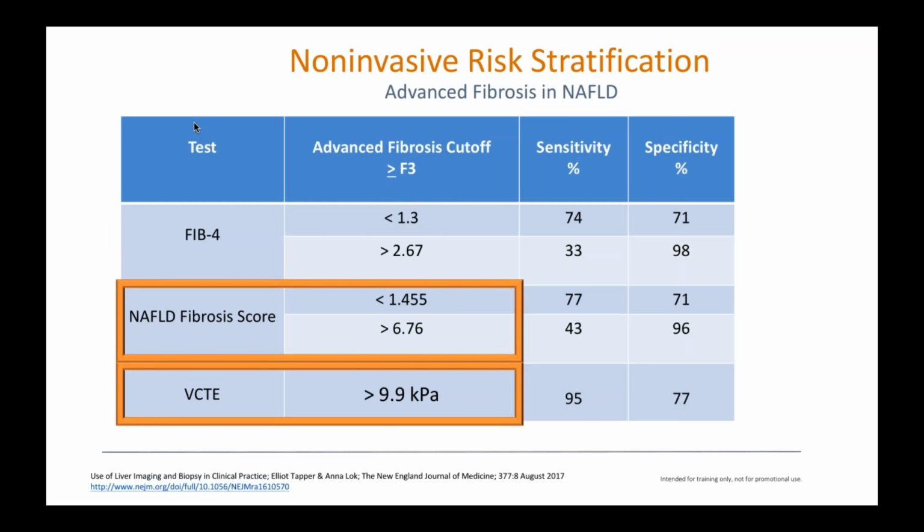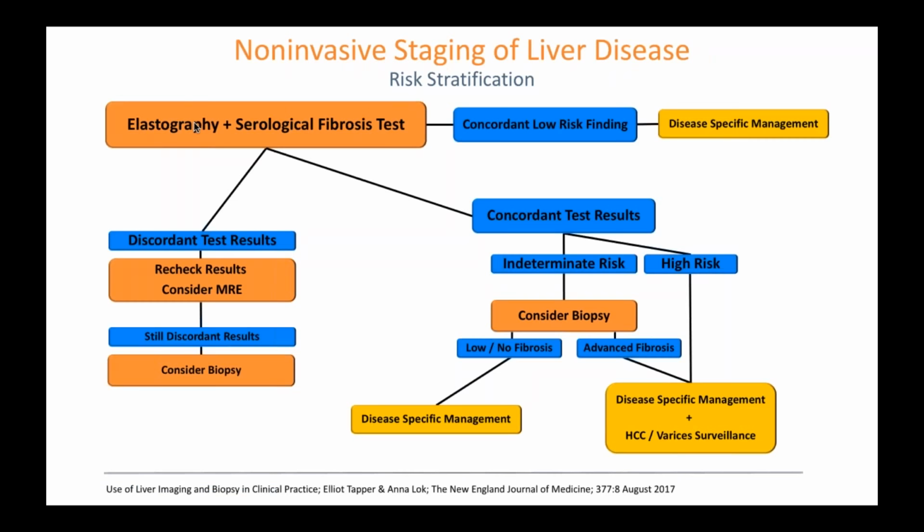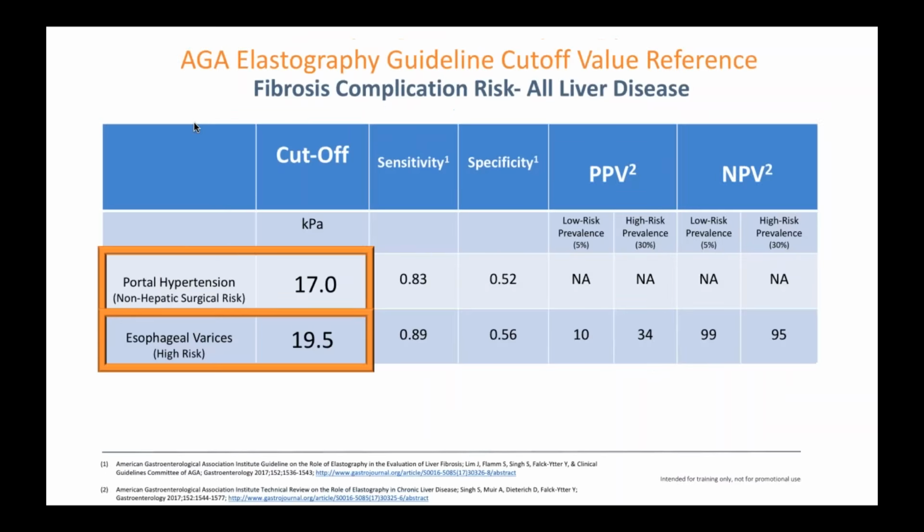And here you see the combination of VCTE and the NAFLD fibrosis score and the recommended low and high cutoff thresholds for that score. And again, we could apply that concordance, discordance, indeterminate value combinations from those two tests to work through this same algorithm that I was showing you previously when I was showing you hepatitis C.